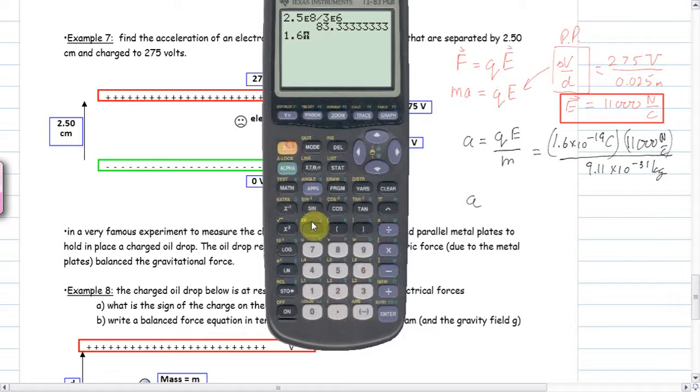So 1.6 e to the negative 19th times 11,000 divided by 9.11 e to the negative 31st.